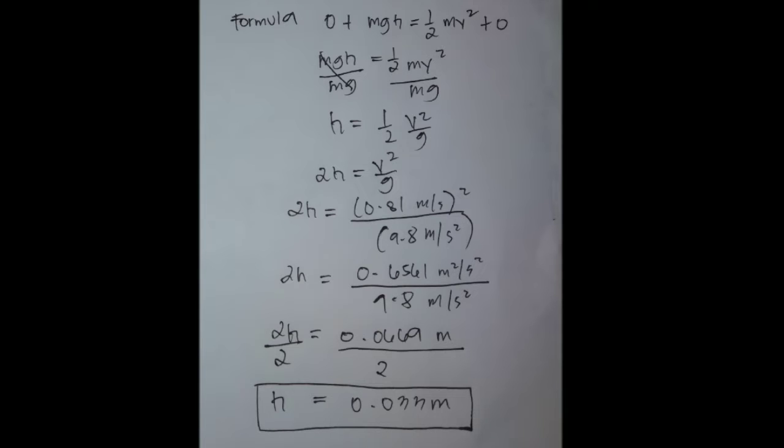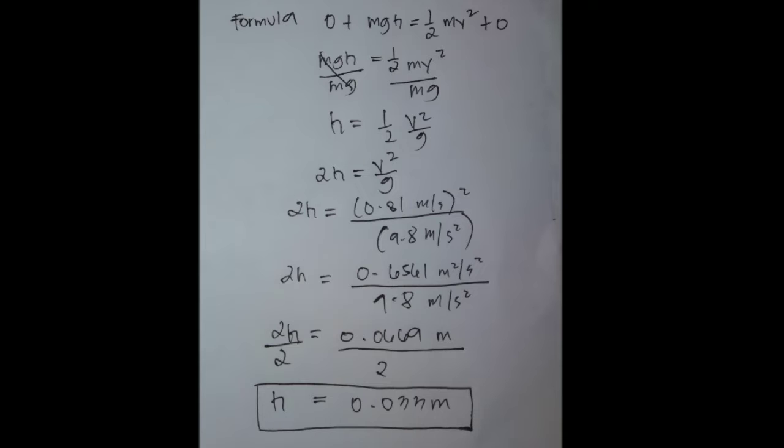So, what remains on the left side is h. The right side is equal to 1/2 v squared over g, because the m is eliminated: m divided by m is 1, so we cancel m. So v squared over g is what remains. After that, for this 1/2, the denominator is multiplied to the left side while the numerator is multiplied to the right side.